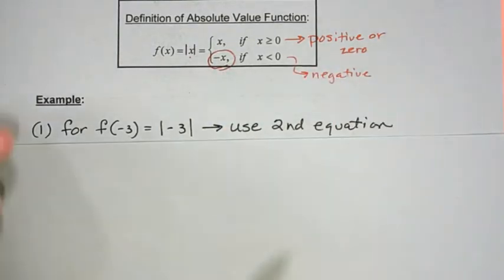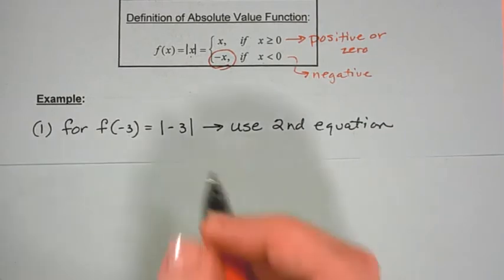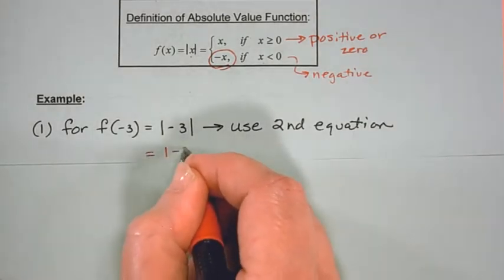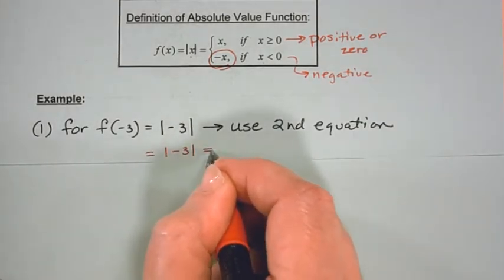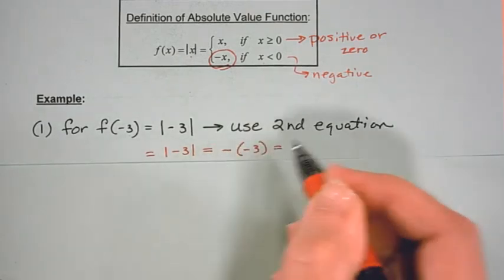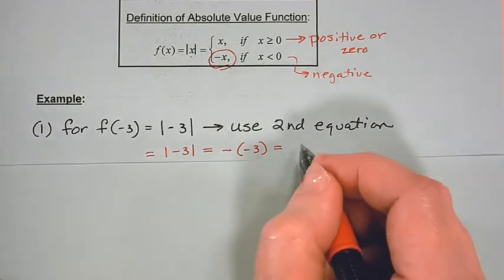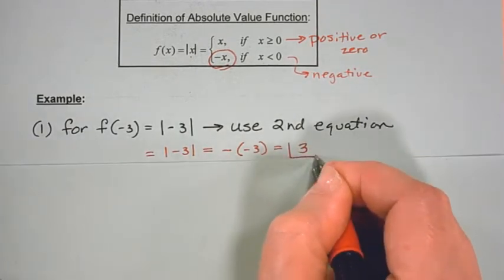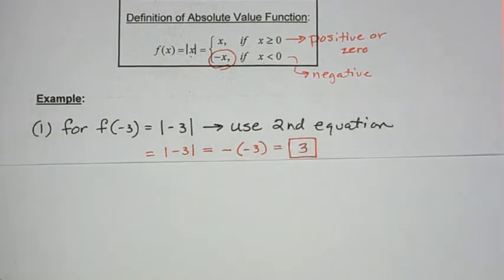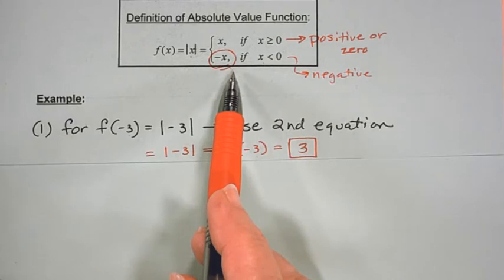So here's what we do. We have the absolute value of -3 is equal to minus whatever was in there. And when we do minus a negative number, it turns it positive, and that's how we actually get the negative off of the absolute value number. Through this definition, that's actually what's happening.